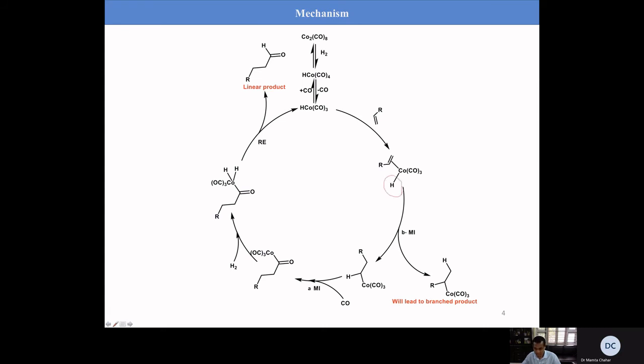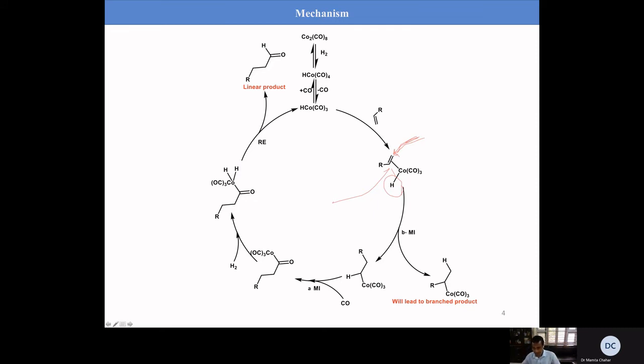The hydride can insert here or over there. If the hydride is inserting at the terminal position, okay, this is the terminal position, right? If that is happening over here, that is the so-called Markovnikov addition.